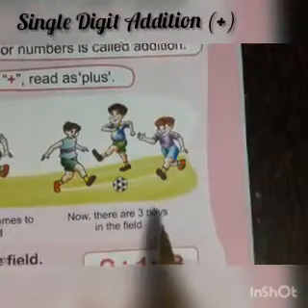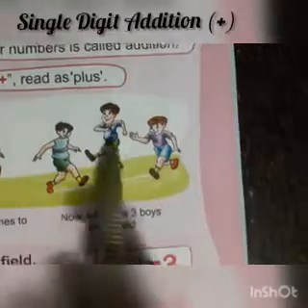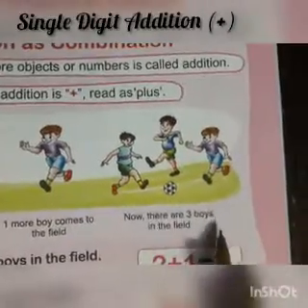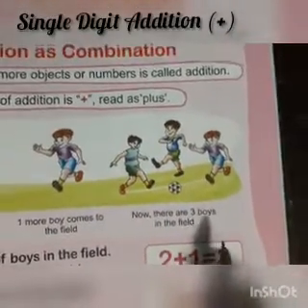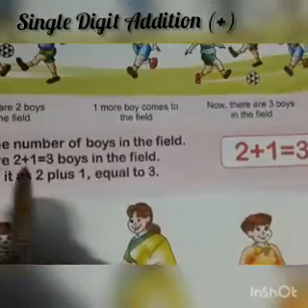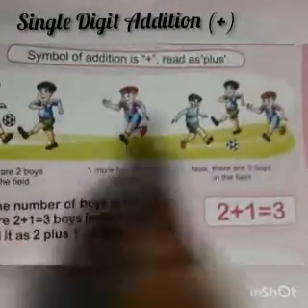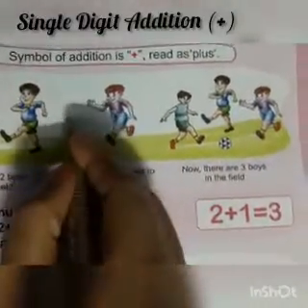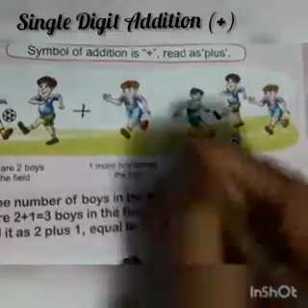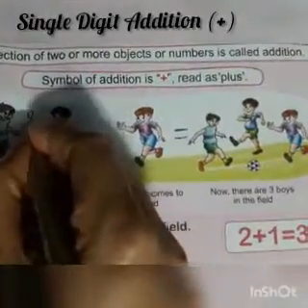So how many boys are there in the field? There are three boys in the field. 1, 2, 3. Now there are three boys in the field. Now read this. Count the number of boys in the field. There are 2 plus 1, which is equal to 3. How many boys are here? 2.